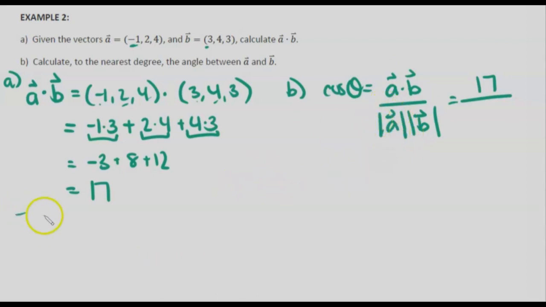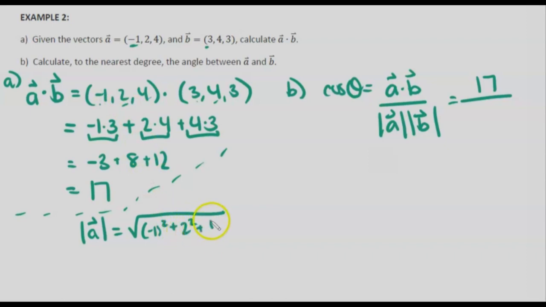Let's go to the side of our paper. The magnitude of vector A is going to be the square root of -1 squared plus 2 squared plus 4 squared. Each of these components squared, and then we square root it. So we get 1 plus 4 plus 16, so we get root 21.